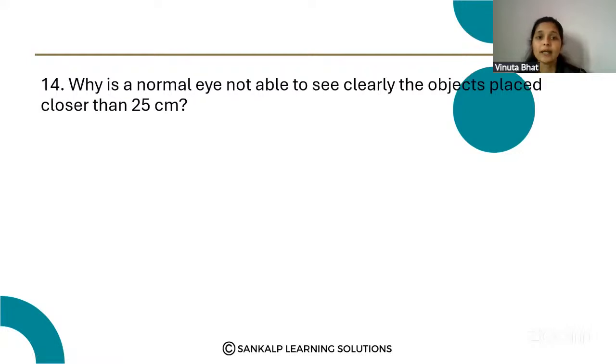Next question. Why is a normal eye not able to see clearly the objects placed closer than 25 centimeter? So if the object is closer than 25 centimeter, the normal eye is not able to see that. So what is the reason?